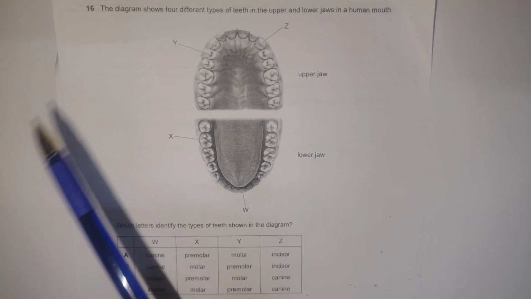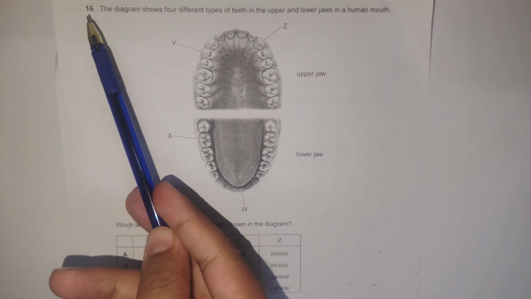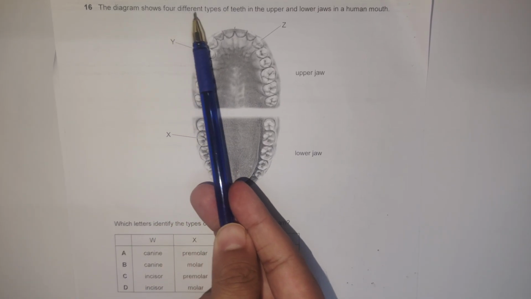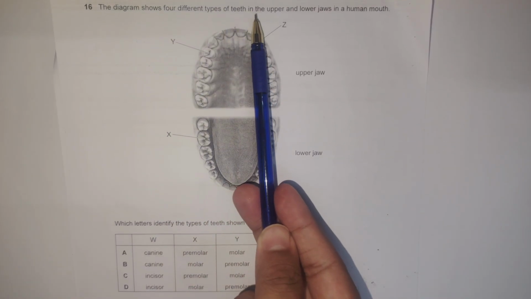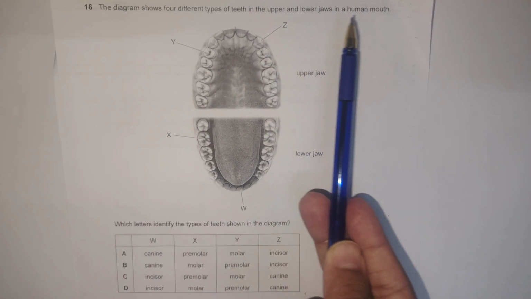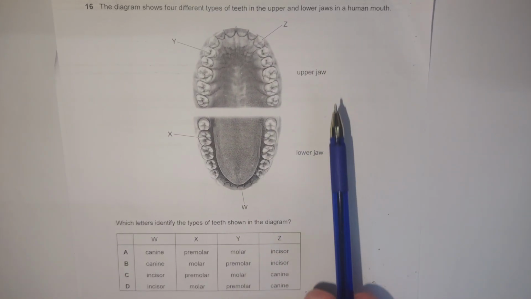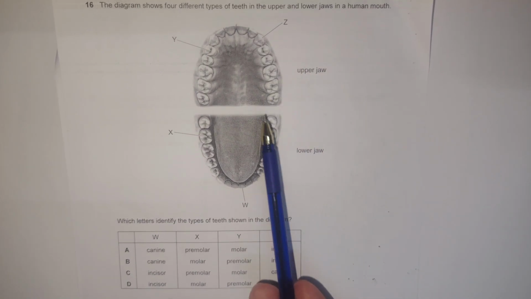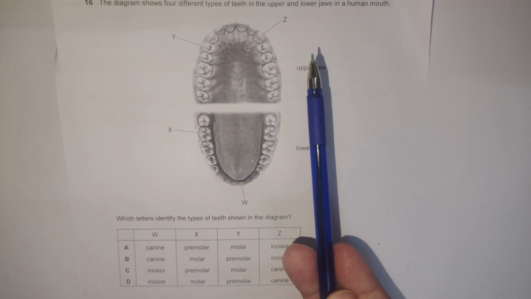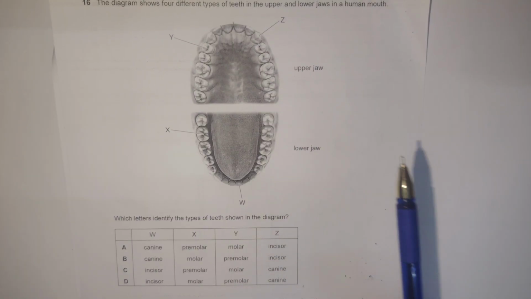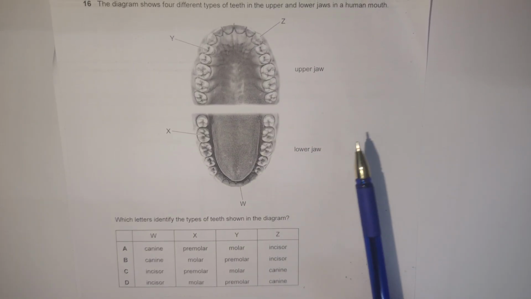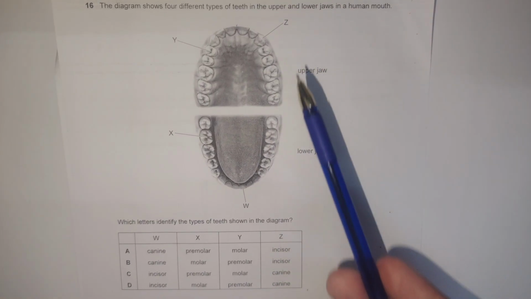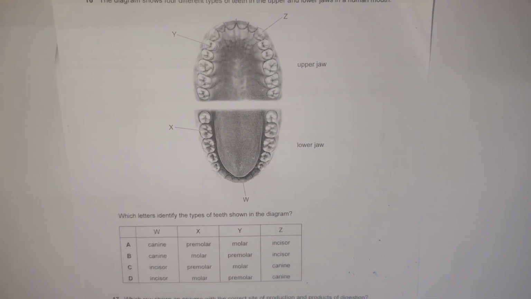So dear students, the next question, question number 16, says here is a diagram that shows 4 different types of teeth in the upper and lower jaws in a human mouth. I won't spend more time on this question because it is a complete topic that should be discussed in detail, that shows the inner structure of the human mouth and what types of teeth are present.